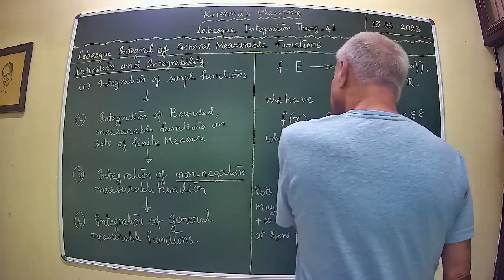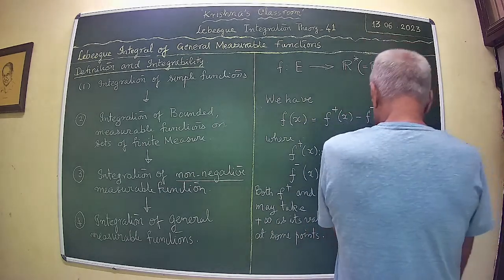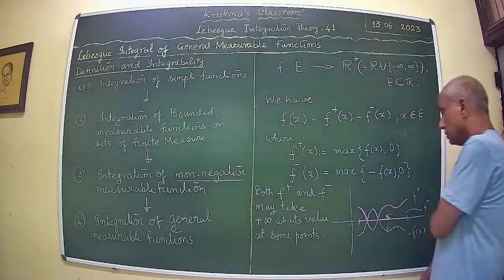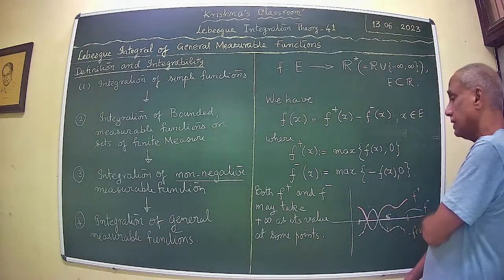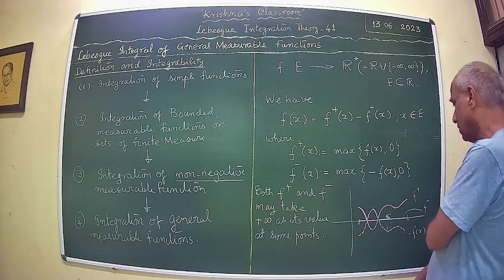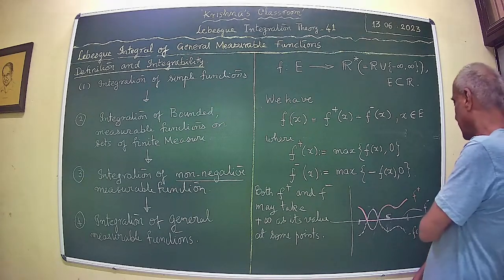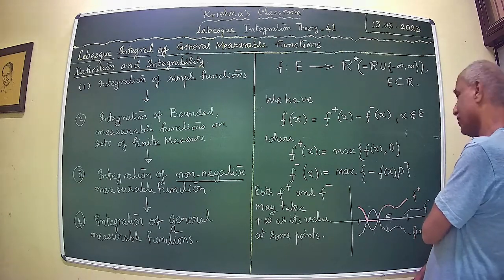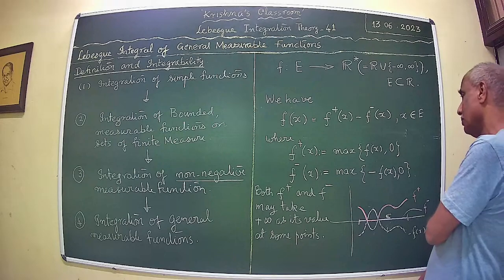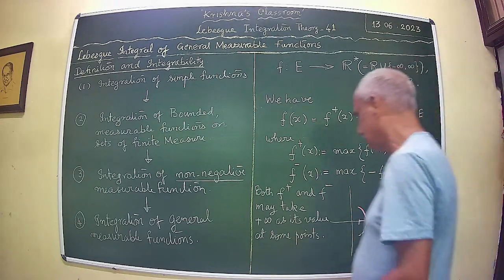So wherever f plus x is positive, then f minus x is 0. Wherever f minus x is positive, f plus is 0.